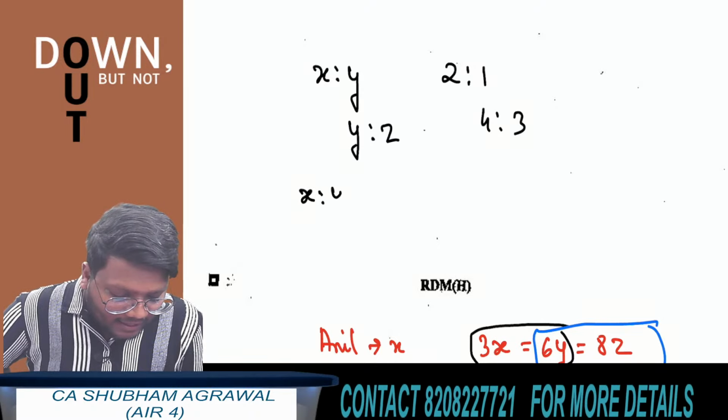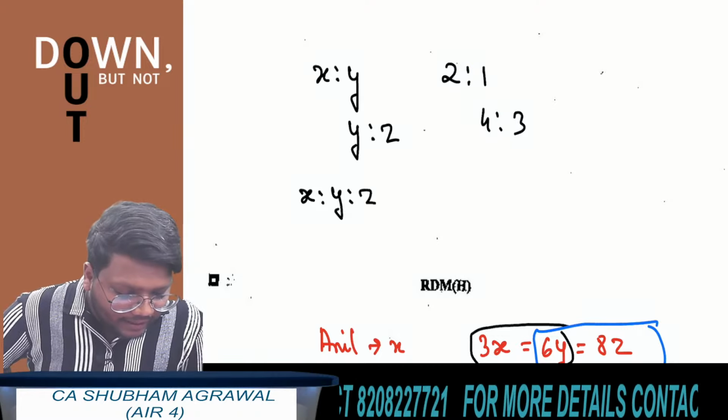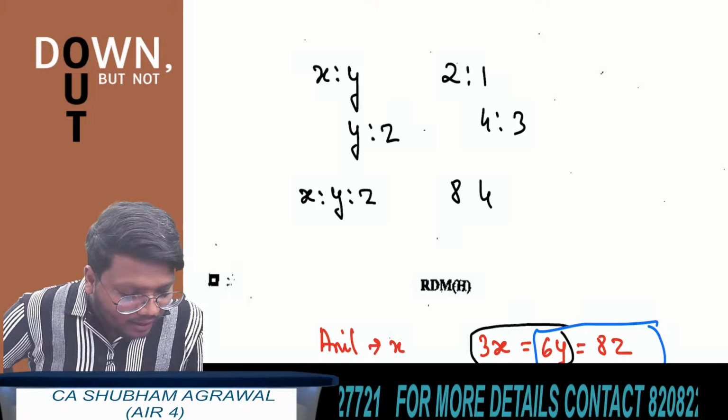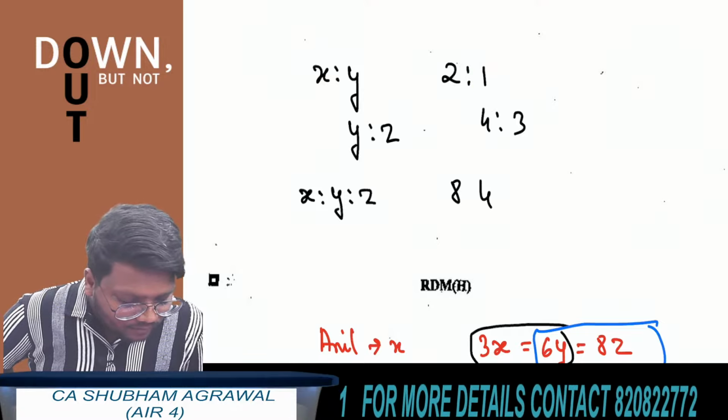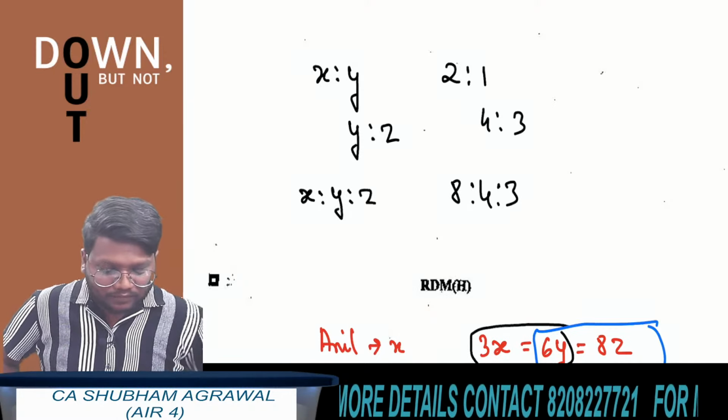Clear? Using 3x equals 6y we got x upon y is 2 by 1, and using 6y equals 8z we got y upon z is 4 by 3. So now x is to y is to z: 2 multiplied by 4 is 8, 1 multiplied by 4 is 4, and 1 multiplied by 3 is 3. So x is to y is to z is 8 is to 4 is to 3.